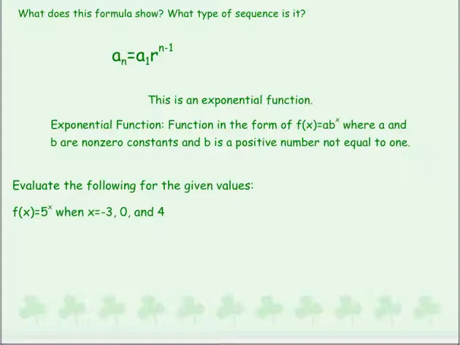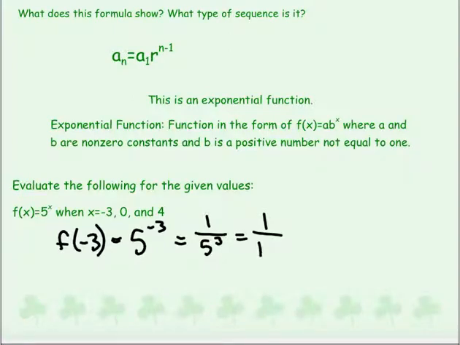We have the x, we need the y. So f of -3 is equal to 5 to the -3rd power. We can simplify that with what we know about negative exponents to say that's 1 over 5 to the 3rd, which is 1 over 125. So I have a point on this exponential function at -3, 1/125th.